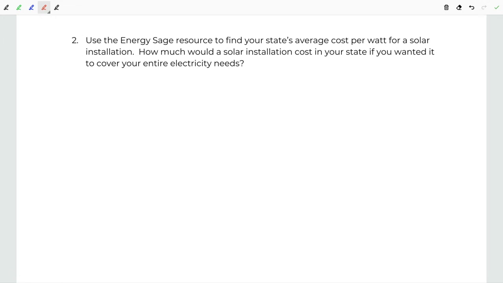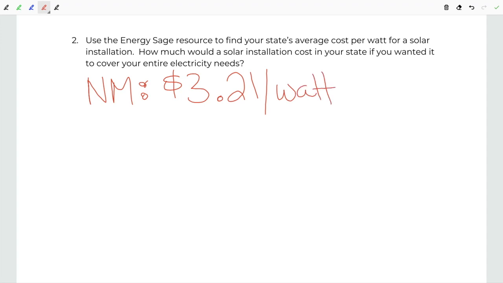This is basically the idea of how much each panel costs when you break it down by how much wattage each panel produces. So this is for New Mexico. Our average solar installation costs $3.21 per watt.